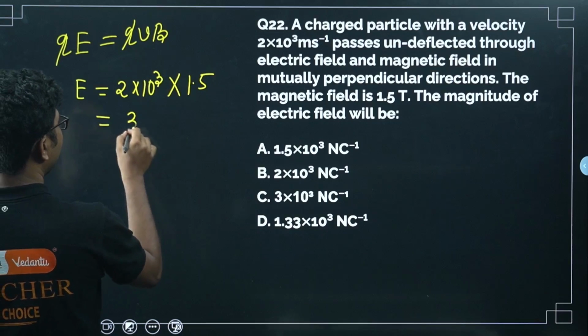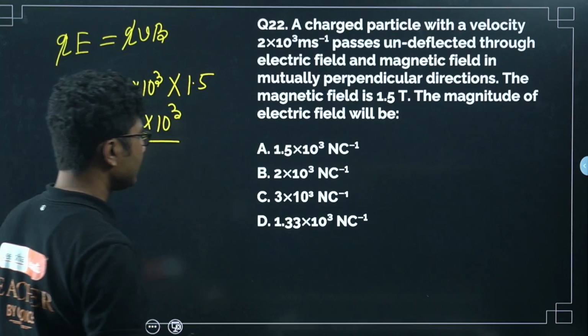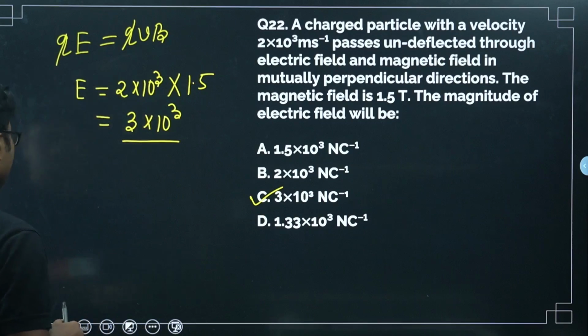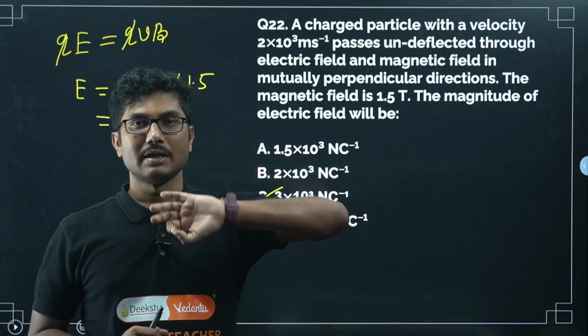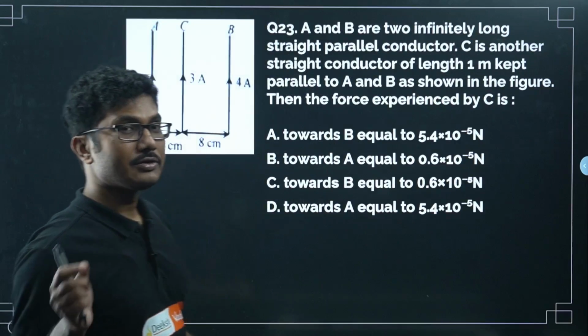So it will be 3 times 10 to the power of 3. So this is the correct answer, 3 times 10 to the power of 3 Newton per Coulomb. Simple problem. q E is equal to q V B. Only in that case will the force acting on the charge be 0. Sometimes this is also called a velocity selector.